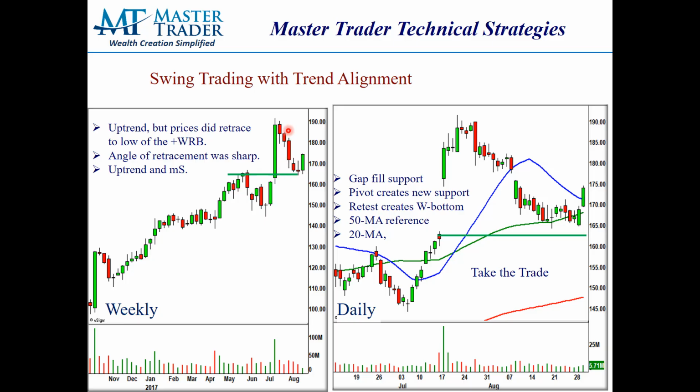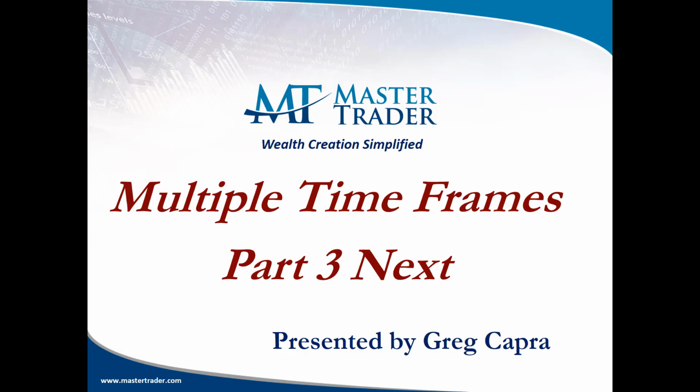And when it gets up here, it's likely that it's going to stall. It doesn't mean it can't get through it. It just means that when it gets there, we're probably going to sit through some choppy consolidation. We might want to tighten stops, reduce part of that position, and then we just manage it accordingly. All right, let's go to multiple time frames, part number 3.